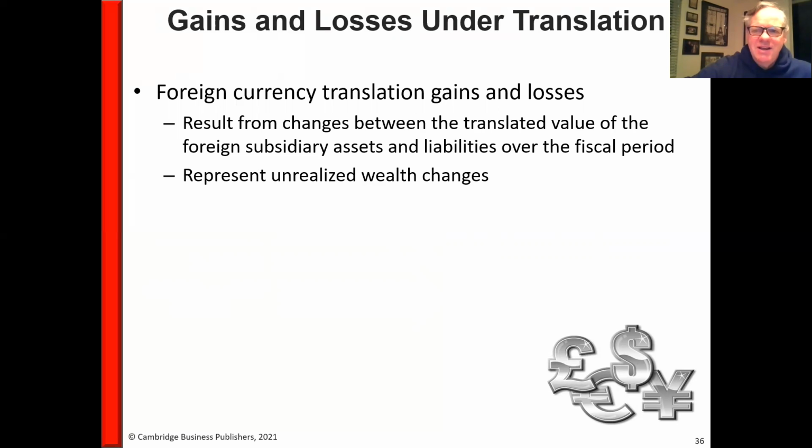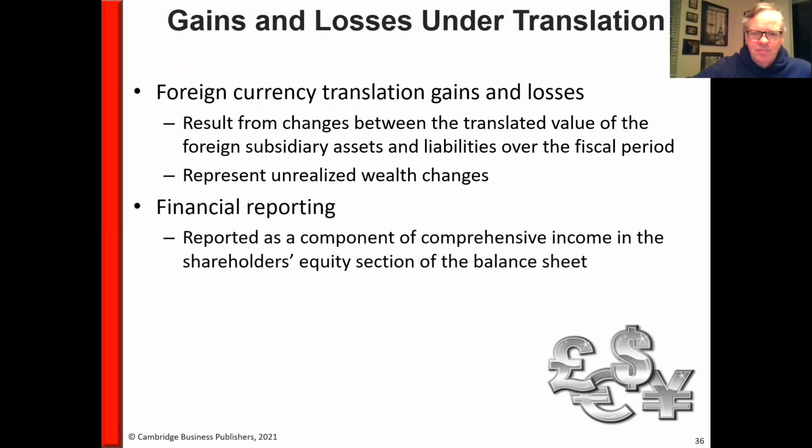So with an unrealized gain, assets and liabilities are going to be adjusted, and we're going to have some place in the stockholders' equity where we account for them, and that's going to be the other comprehensive income account. We're going to report this on that special section of the company's balance sheet. This is the same place where you had all those things having to do with securities. Anytime you had unrealized gains or losses, you adjusted the other comprehensive income account.